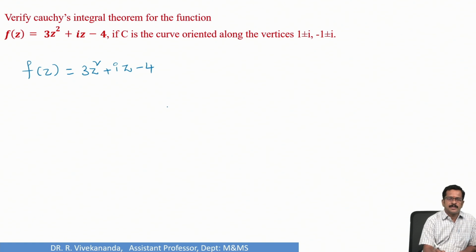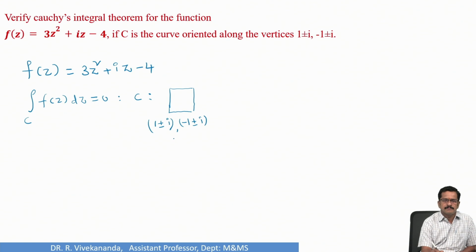We have to verify Cauchy's integral theorem, meaning we have to show the integral of f of z dz equals 0 along the curve, where the curve is a square with vertices 1 plus or minus i, minus 1 plus or minus i. So we will try to verify that.